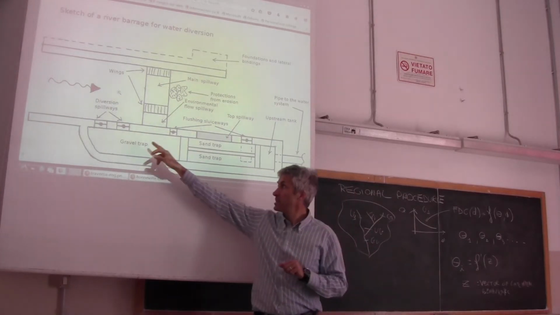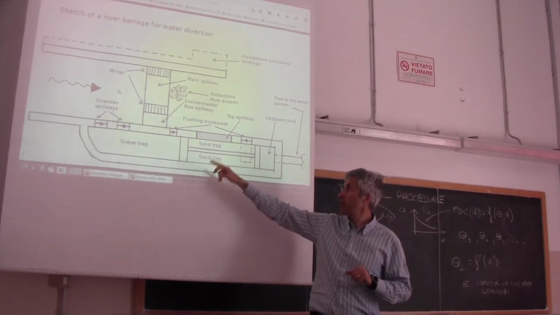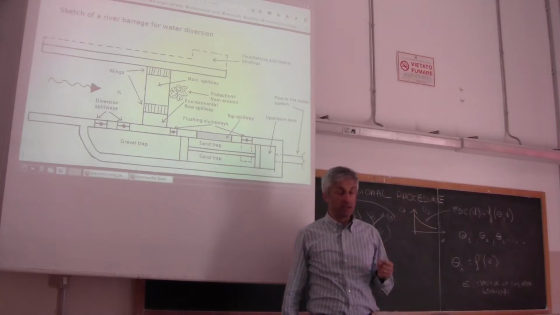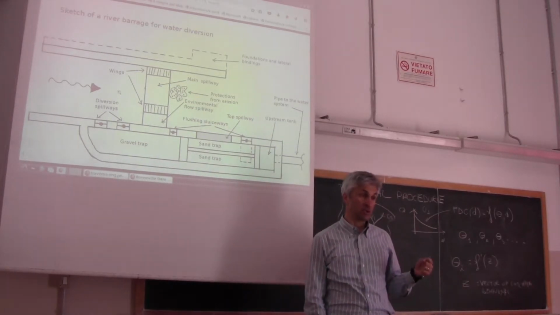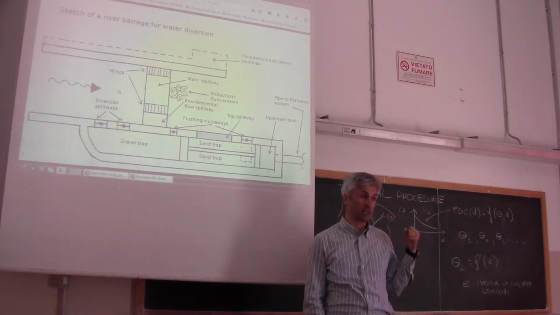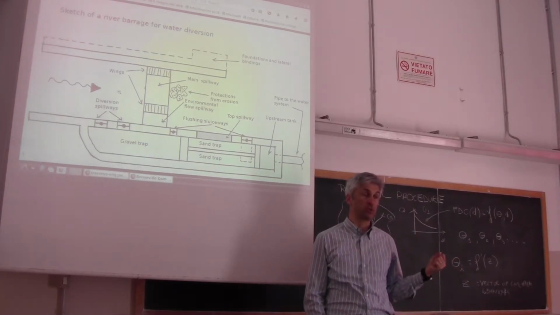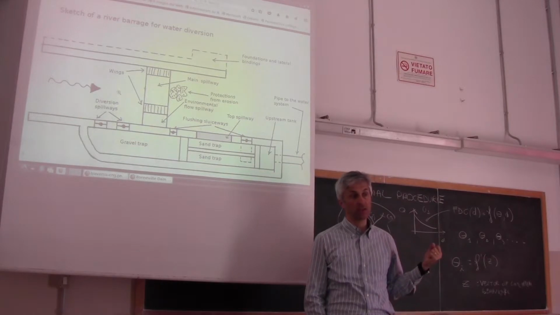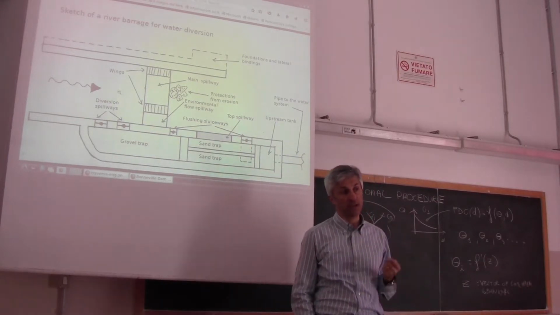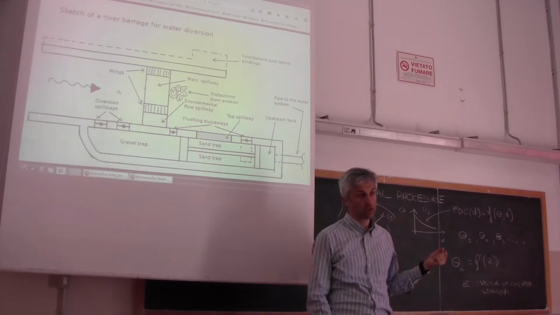So this basin, which is usually a very long basin, allows the settlement of suspended material up to a certain diameter that is usually fixed by looking at the features of the turbine, by looking at the water use.